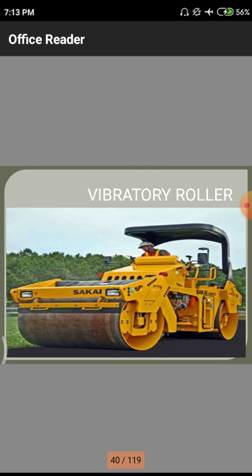This is the vibratory roller. Normally these vibratory rollers are mainly used in the construction of bitumen roads, that means tar roads. We normally observe on national highways and other major district roads, other district roads, a huge amount of these tar roads and bitumen BT roads.